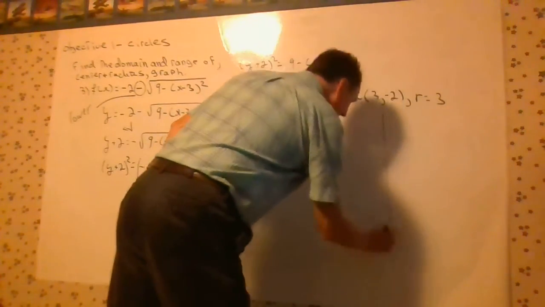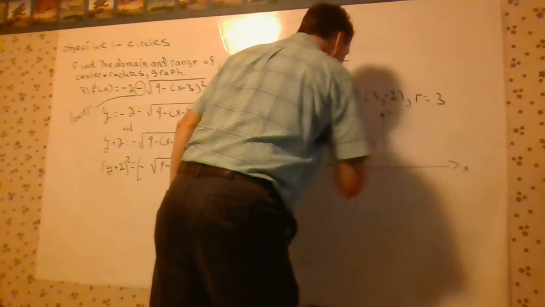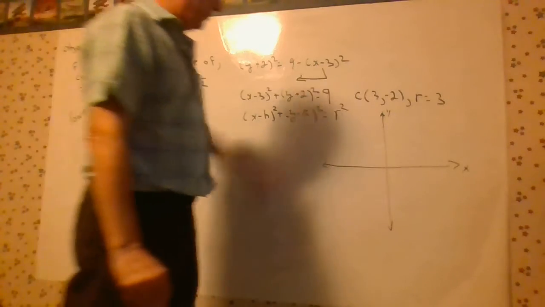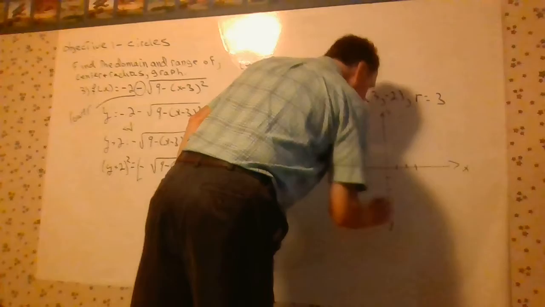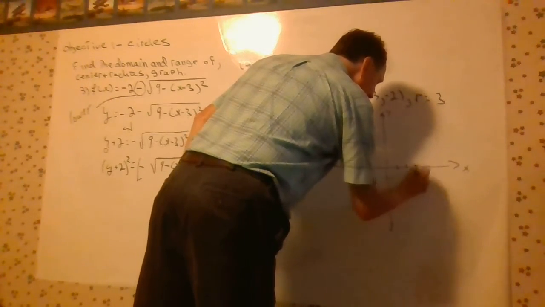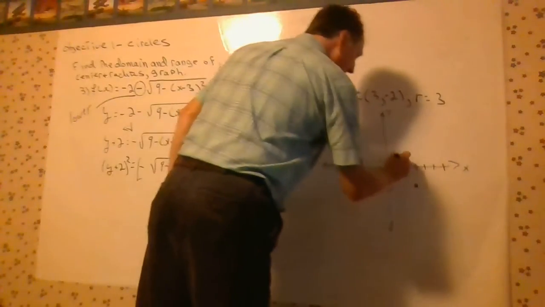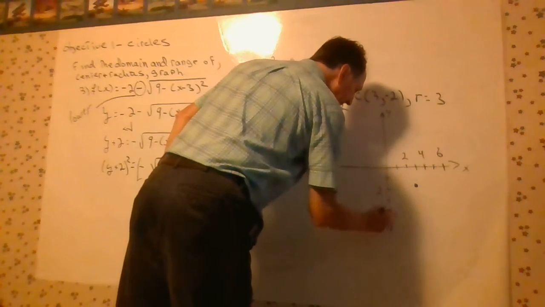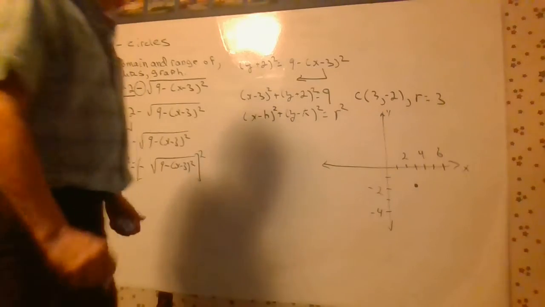And so let's draw a graph. There's x, there's y. We want the center at 3, negative 2. That's fourth quadrant. 1, 2, 3, 1, 2. There's the center right there. Let's add a few more points. And we can label our axes with a few numbers. 2, 4, in the negative realm.